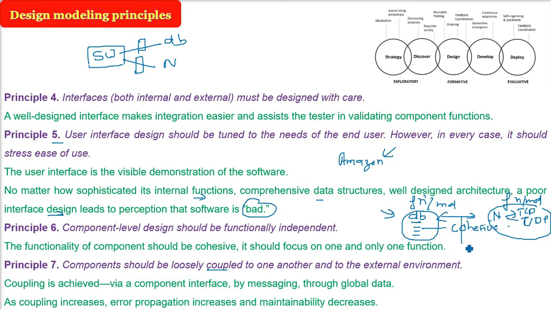Coupling is all about dependency between two different functions which are doing two different tasks. So as the coupling increases, errors will propagate and maintainability will be less. So cohesiveness is for a function, for a module. Coupling is between two modules. Cohesiveness should be strong, coupling should be less.